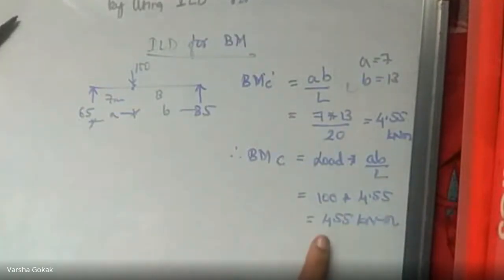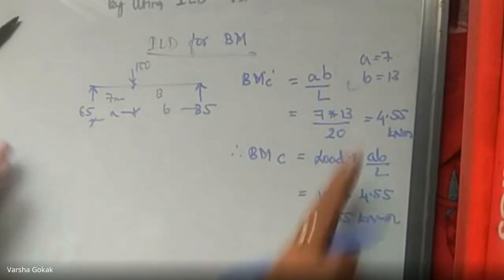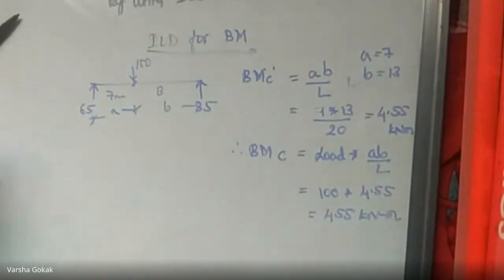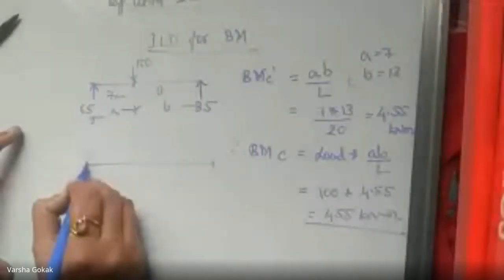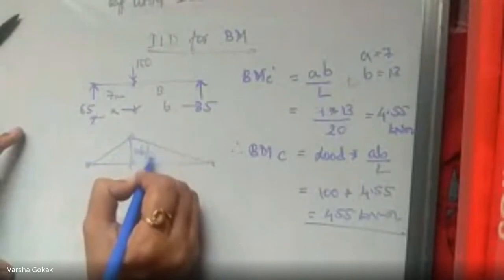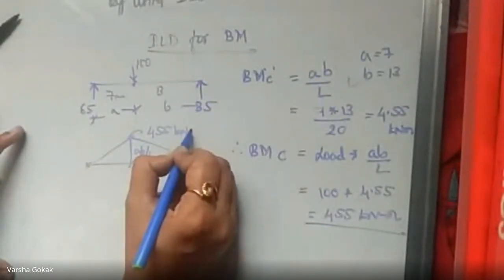This is the direct value of the bending moment at C, using your AB by L for unit load. This is the bending moment at point C, because they've asked for point C. How will the diagram be? This is your AB by L, which we now got as 455 kilonewton meter.